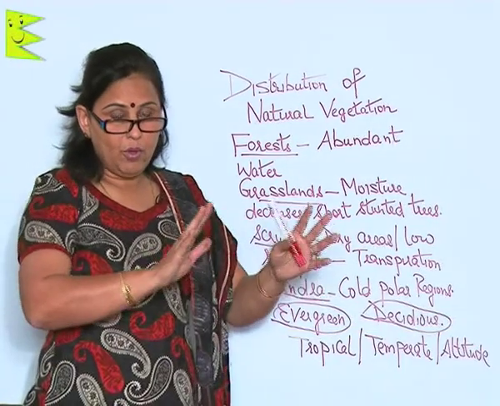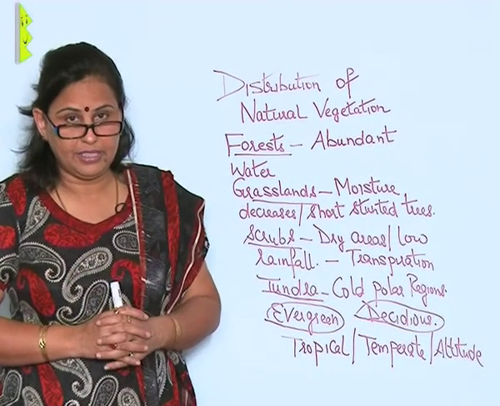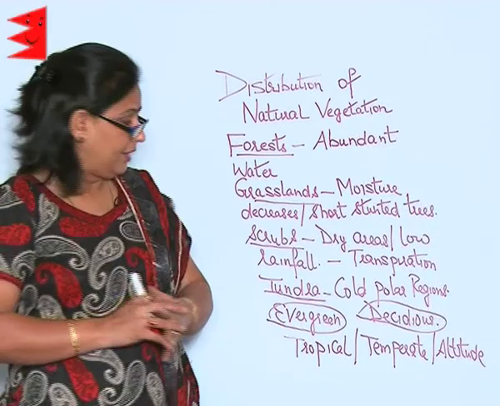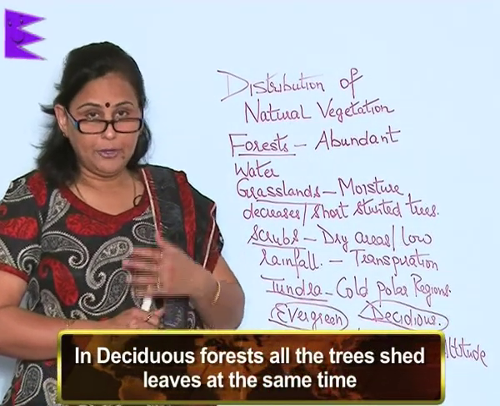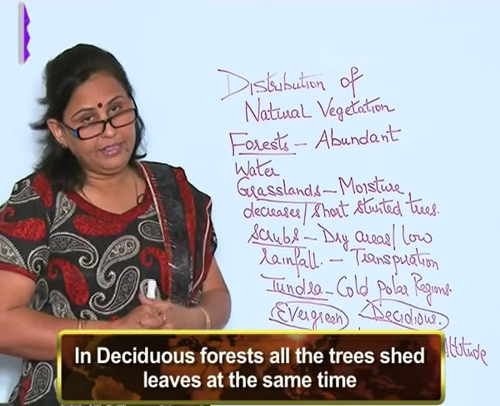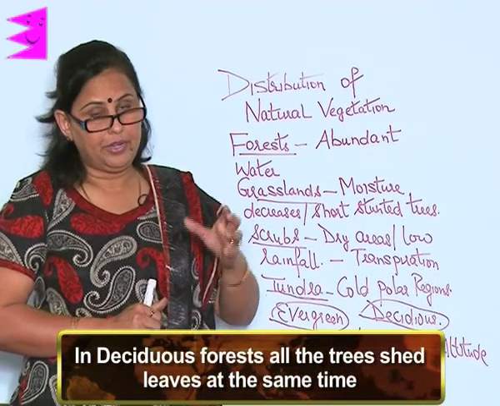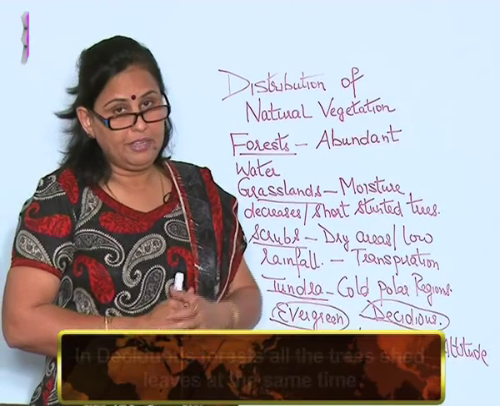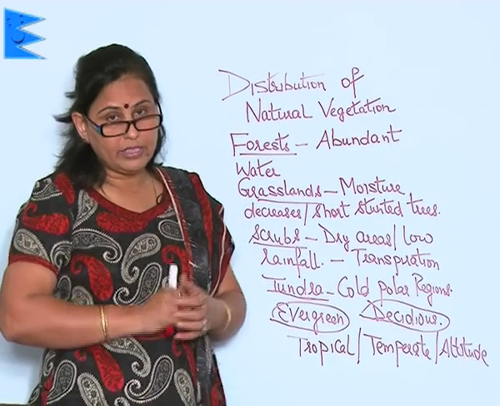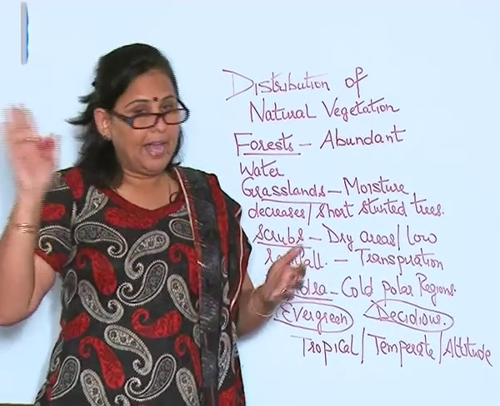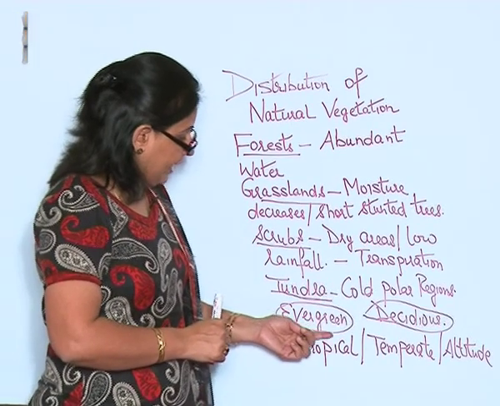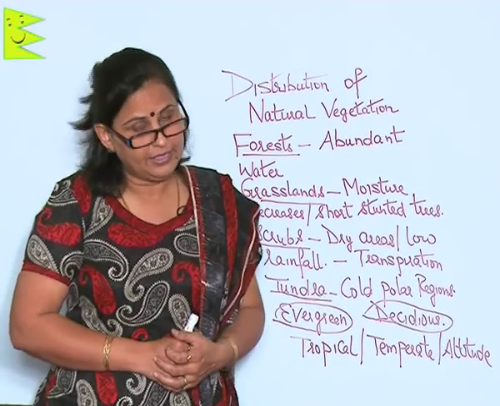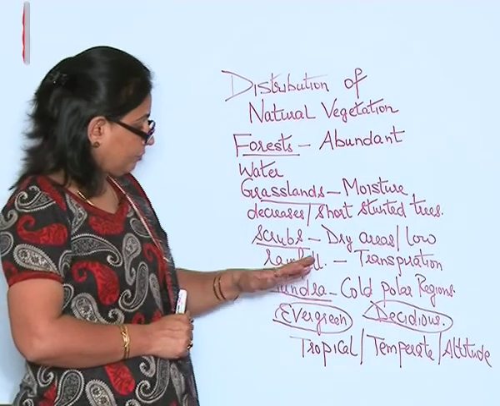So some or the other trees in the forest are green, whereas in the deciduous forest we observe that all the trees shed their leaves at a particular time. So the forest becomes almost like barren without leaves. So that is the basic difference between the evergreen forest and the deciduous forest.